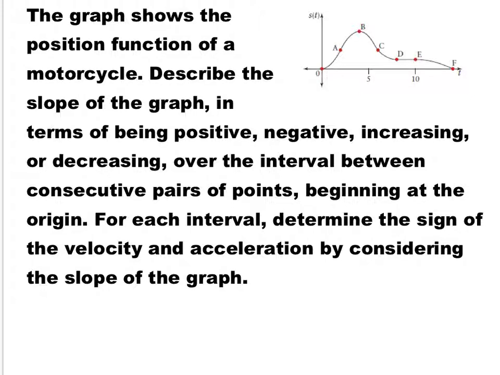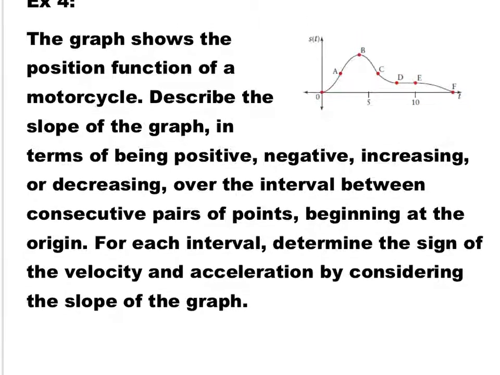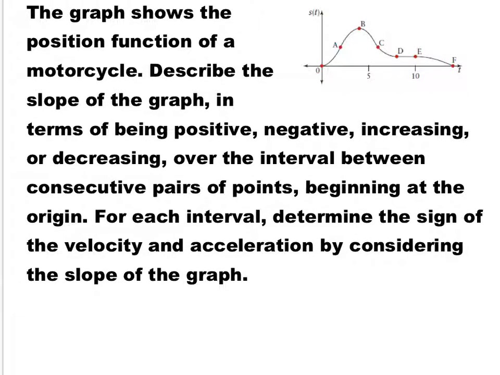Let's consider from 0 to a. In this interval, 0 to a, which is shown here, if we draw the tangent, you can see that the slope is positive, and also the slope is increasing.